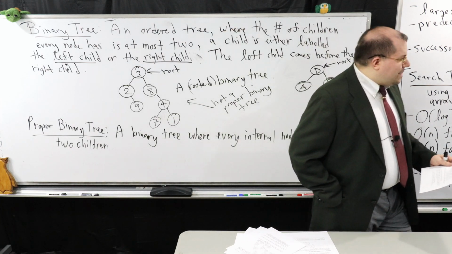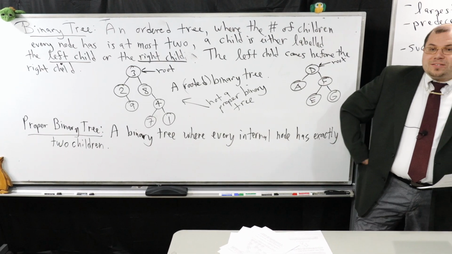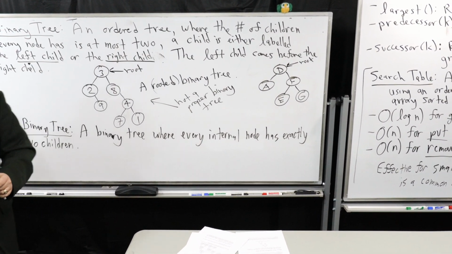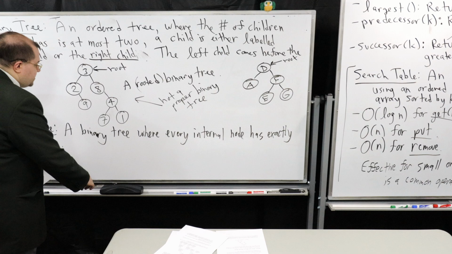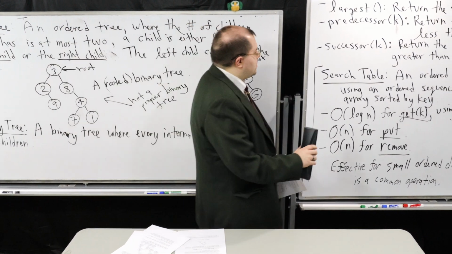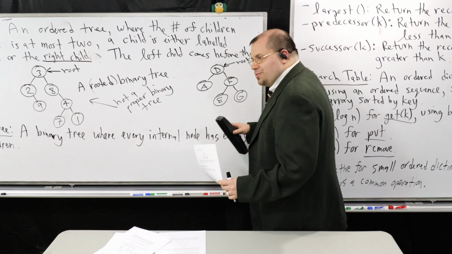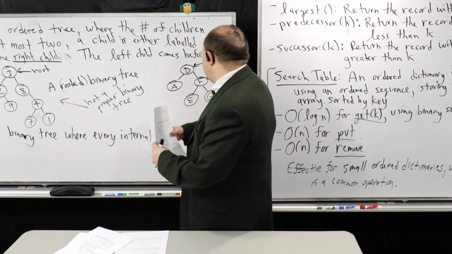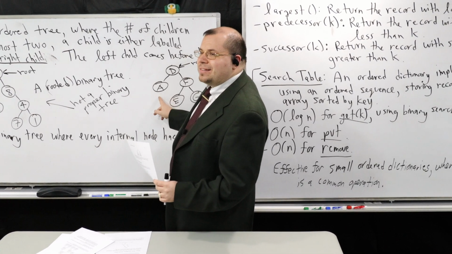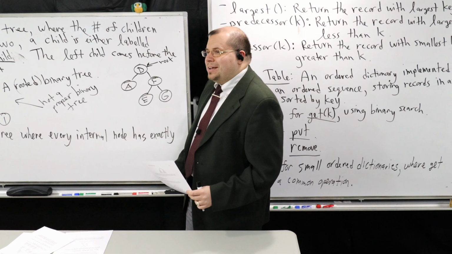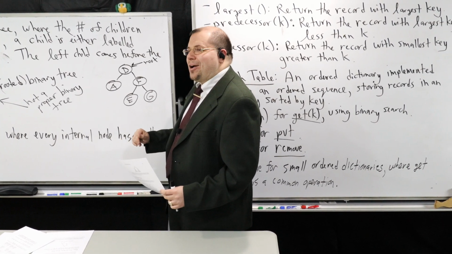So, let's head over here. I want to talk about some properties that proper binary trees have. So one thing I just want to remind you while I'm over here. Remember, A is a leaf node here. So it's not counted in this definition. It's just the internal nodes we care about.